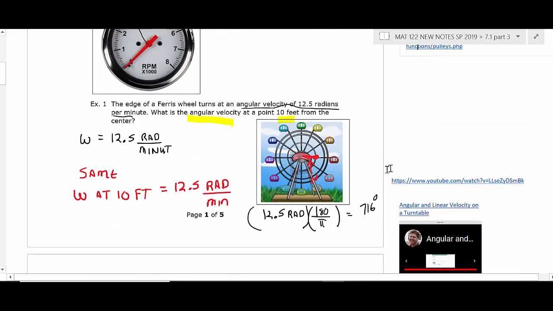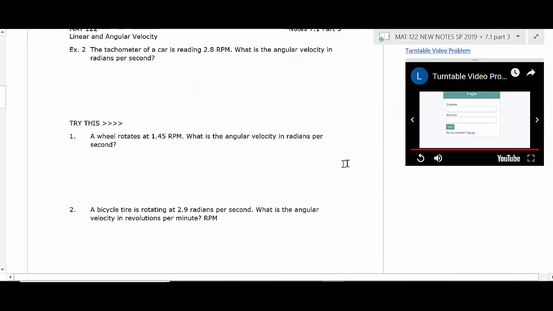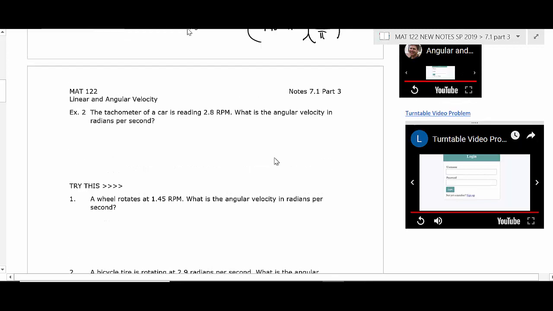Okay, so let's go to the next page, and what I want to look at then is a couple of applications with this. So example 2 says a tachometer of a car is reading 2.8 RPM, which stands for revolutions per minute. We're going to find the angular velocity in radians per second. Okay, well, first of all, if you're given a measurement in RPM, it is an angular velocity.